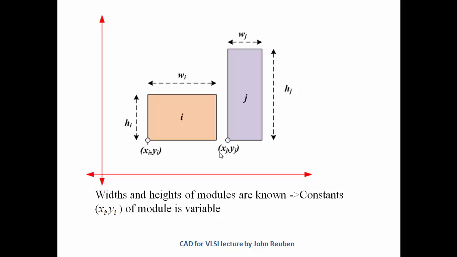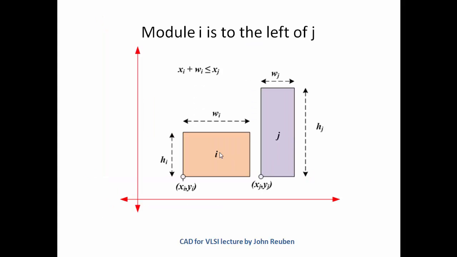Now we look at the problem more in depth, and especially how you write mathematically, as an equation, the relationship between two modules, the relative position of two modules. So we'll just take a case like this where the module i is to the left of module j.